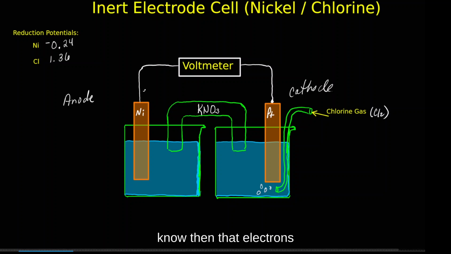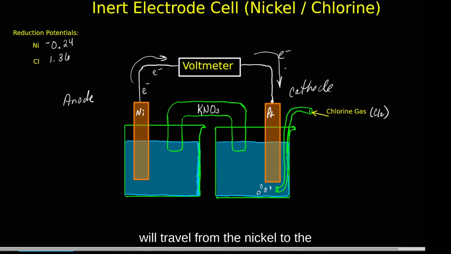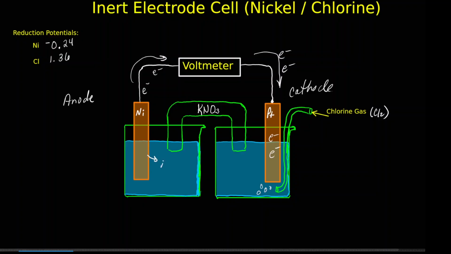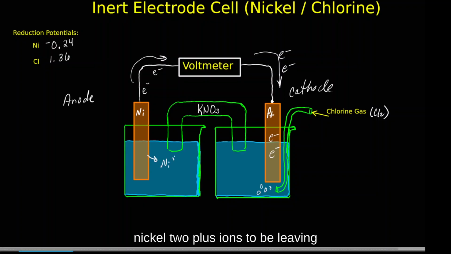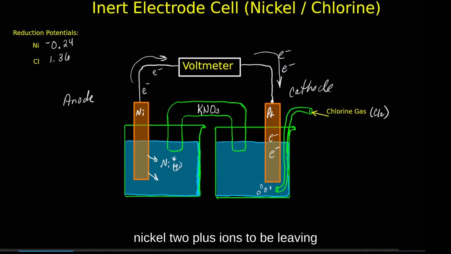So I know then that electrons will travel from the nickel to the platinum, which will cause nickel 2 plus ions to be leaving.